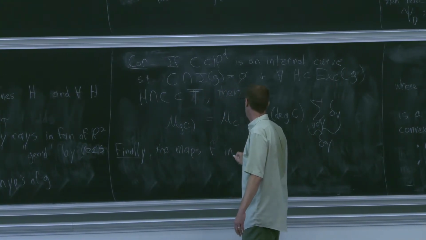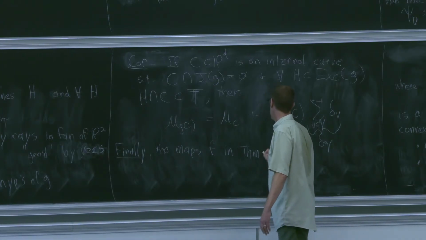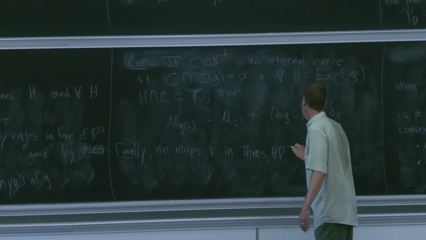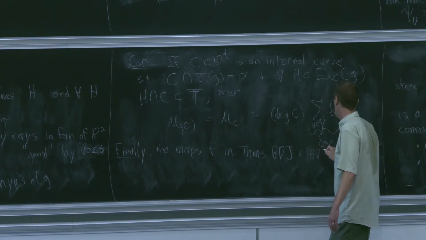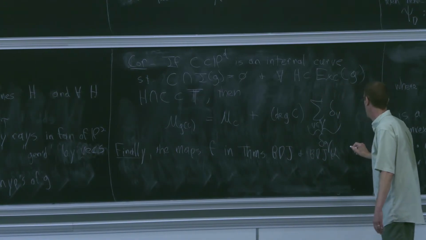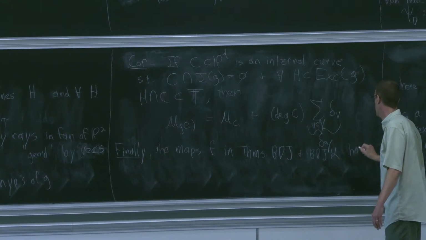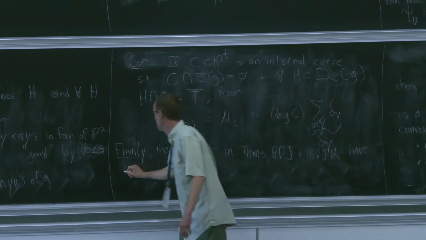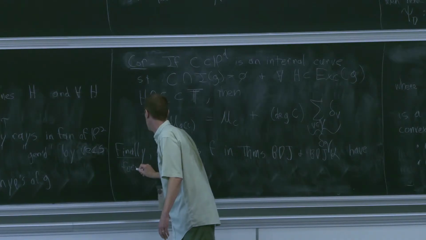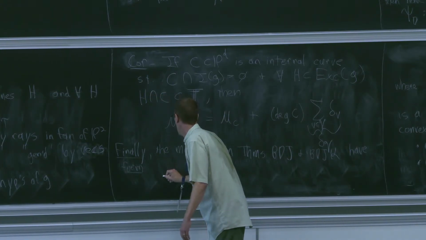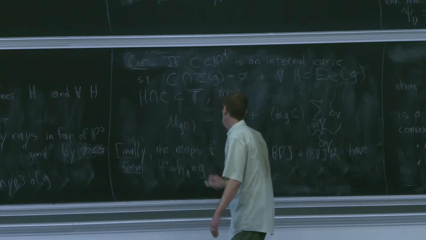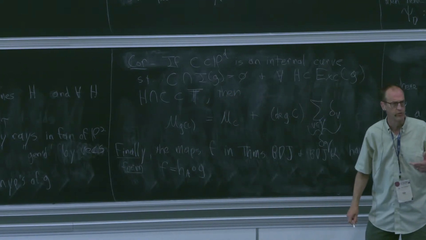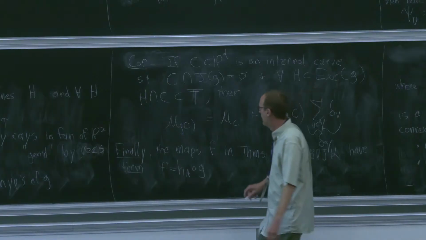the maps F in theorems BDJ and BDJK have the form F equals H_A composed with G. I think in one of the papers we might have switched these two, but this will do.